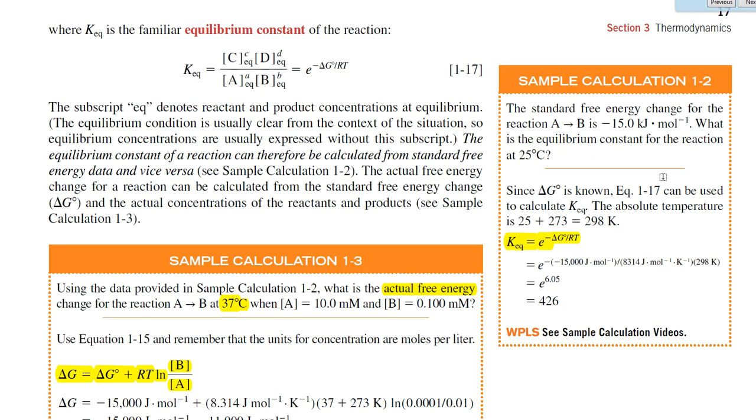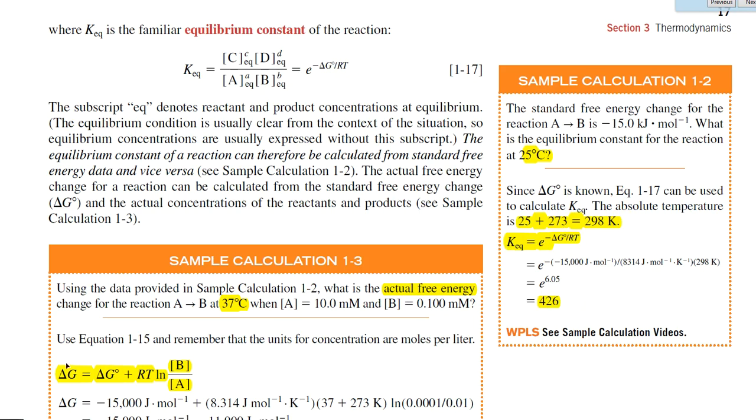Since the question gives 25 degrees centigrade, we have to convert this into Kelvin, which is 298 Kelvin. Now it's easy to find. When we solve this, we get 426. So you have to remember K equilibrium equals e to the power minus del G0 by RT.